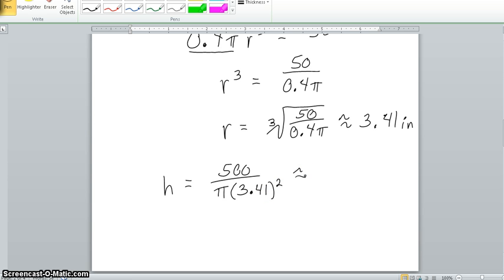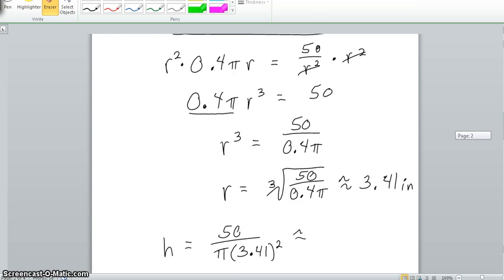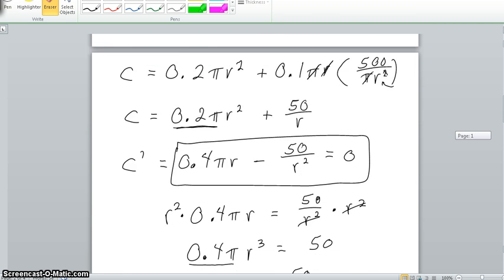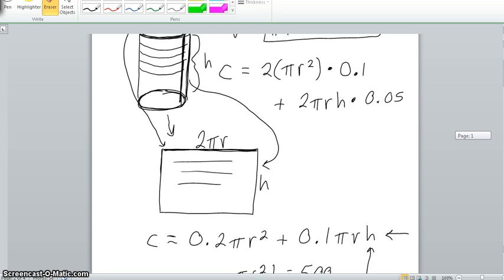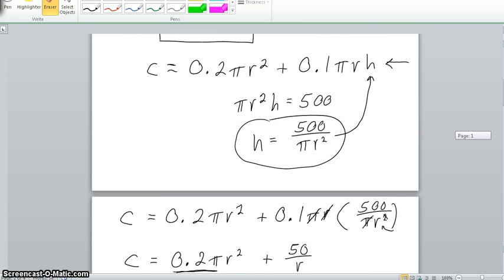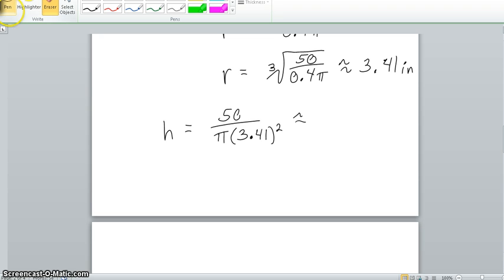And that should come out, I actually don't have that number written down, so let me, whoops, and of course, I don't want to do 500, just 50. Oh, I'm sorry. No, I do want 500, because that was what I got when I solved for h at the beginning, so I take that back. I do want 500, so let me punch this in real quick. I apologize for not having this prepared a little better.